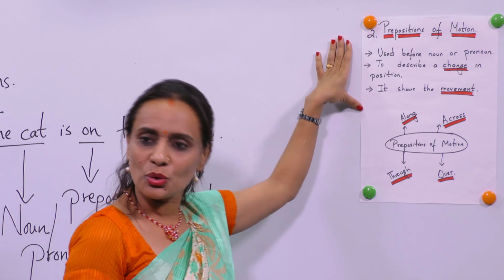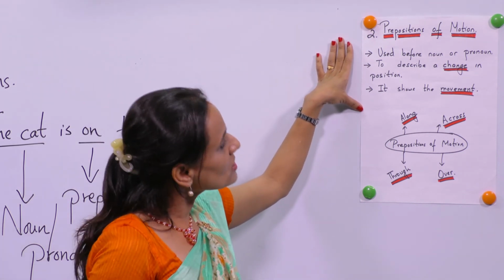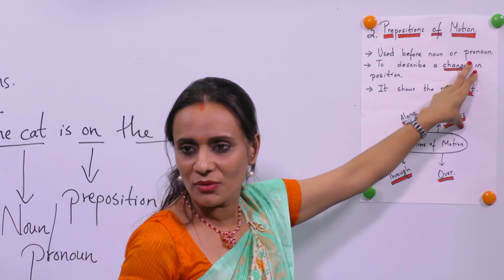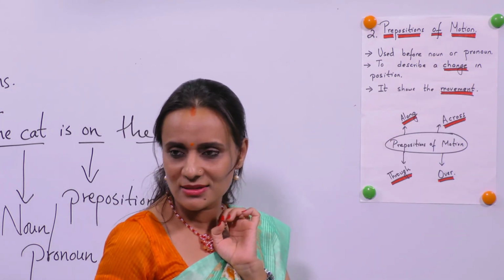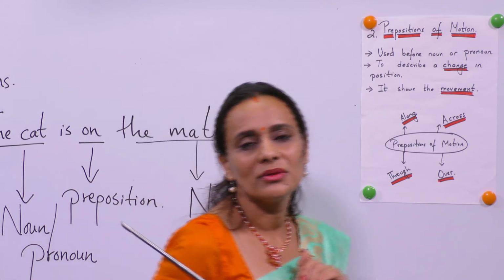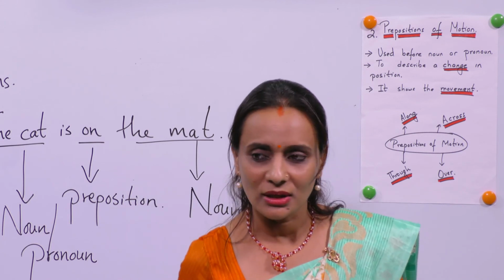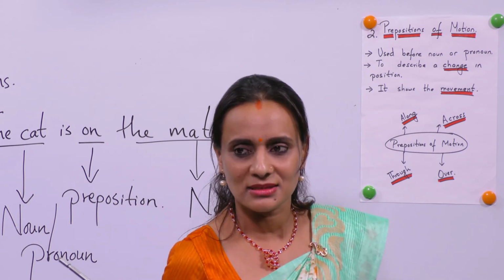As I have already told you, prepositions are always used before a noun or pronoun, and these are short words in the sentences. They come in the middle and they show the relationship between the noun or the pronoun in the sentences, isn't it? Yes.